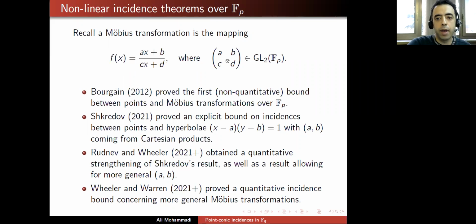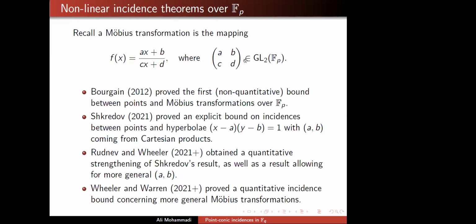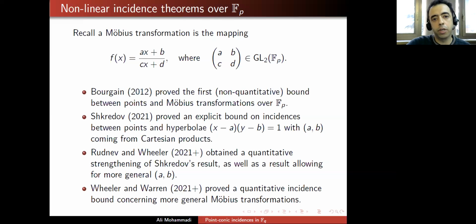Also, you have to be careful, right? Because these are coming from GL2, and scalar multiplication gives the same Mobius transformation. So really, you want to fix, for example, one of these things. Later in the talk, we'll fix c to be 1. So these are really 3-parameter curves. If we fix one of them to be 1, it's still a 2-variable curve.